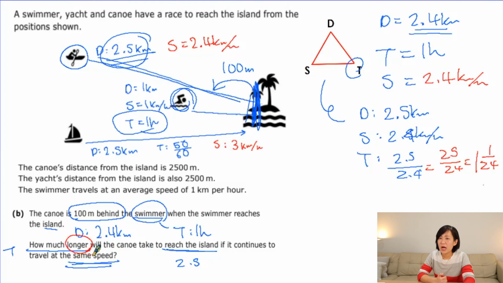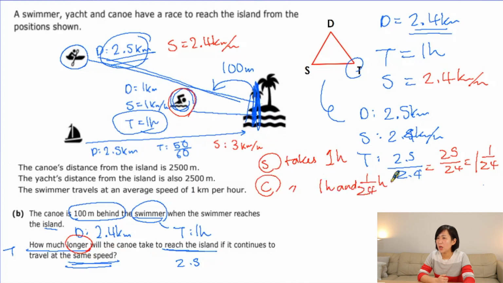You need to calculate how much longer the canoe takes compared to the swimmer. As we know, the swimmer took only 1 hour to reach the island, but the canoe actually took 1 hour and 1/24th hour longer. That means you need to convert 1/24th hour into minutes, right?